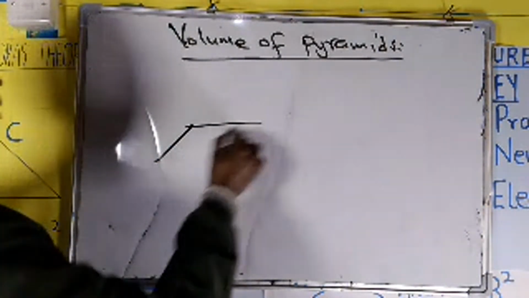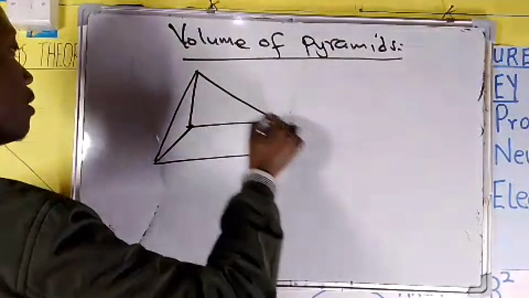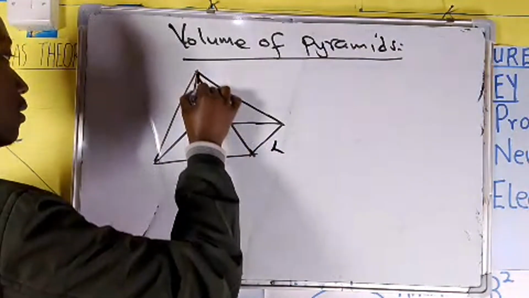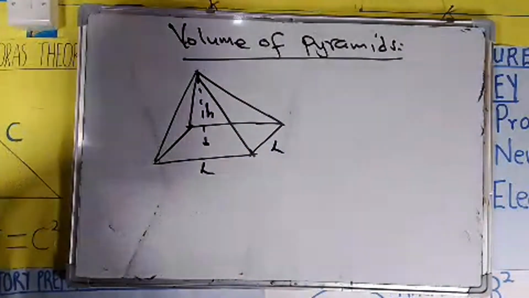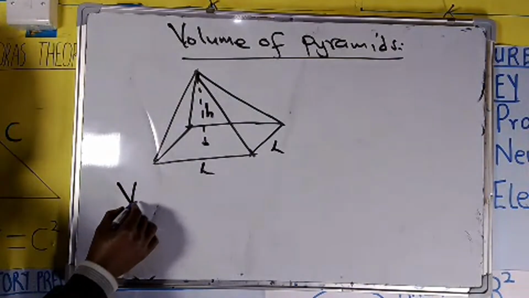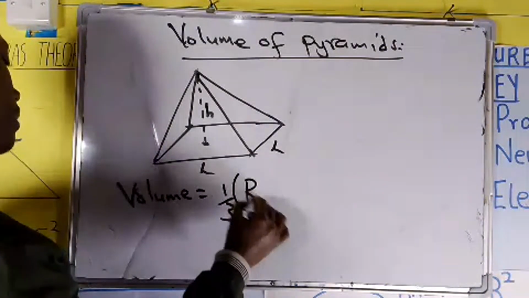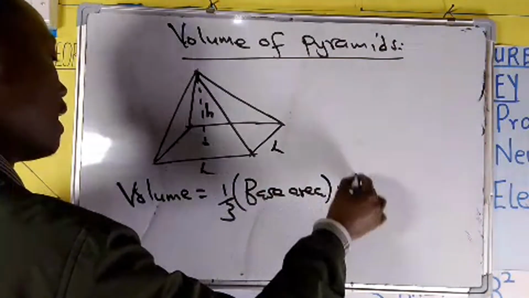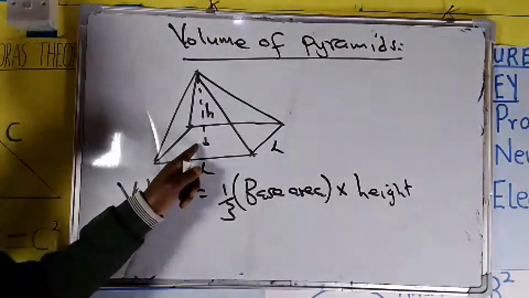If we have a pyramid as an example here, that is the height. If we have such a pyramid, the formula is just volume is equal to a third multiplied by base area times height. And height is the perpendicular height, not the slant height.